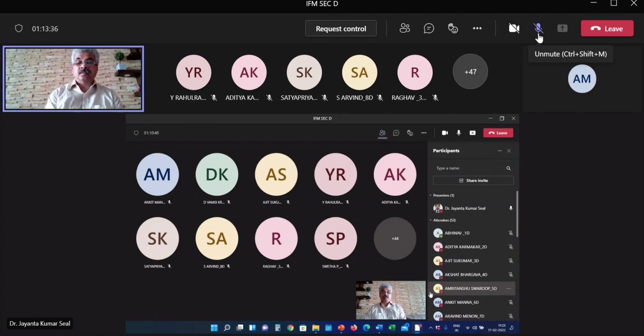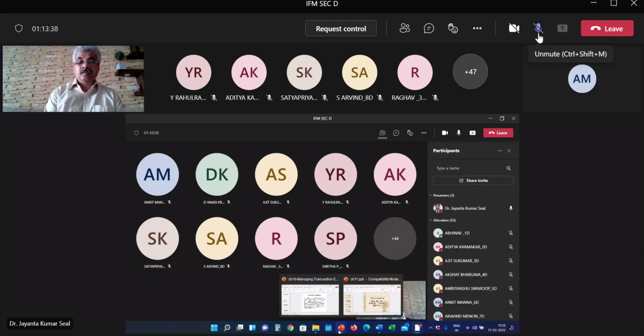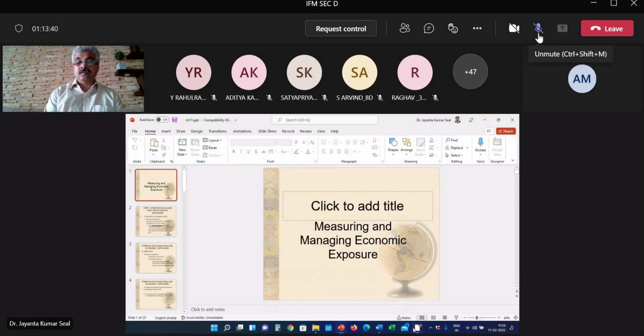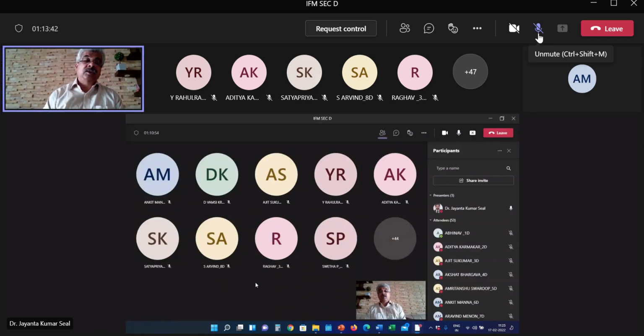So remember, what we have done is the most important chapter of our entire course: managing transaction exposure. We have done a little bit of methods of translation exposure. What was translation exposure?